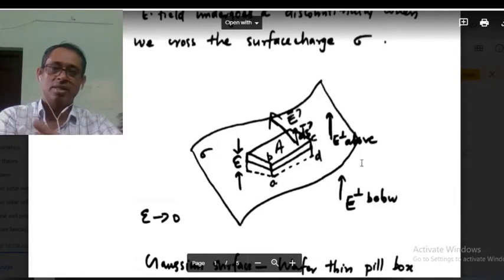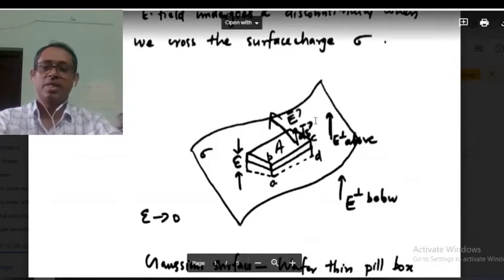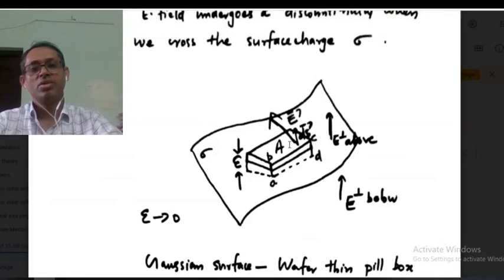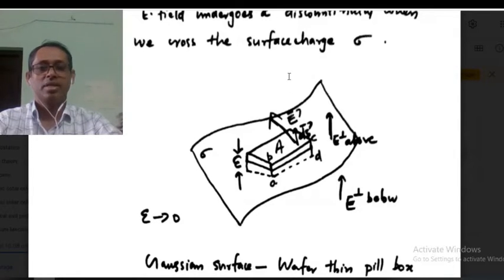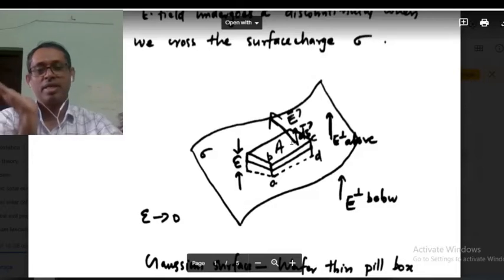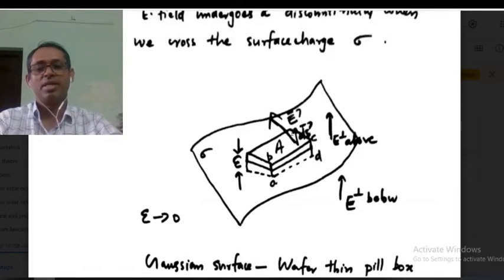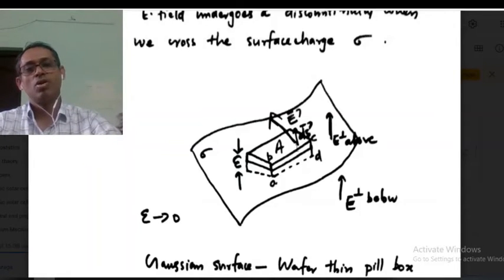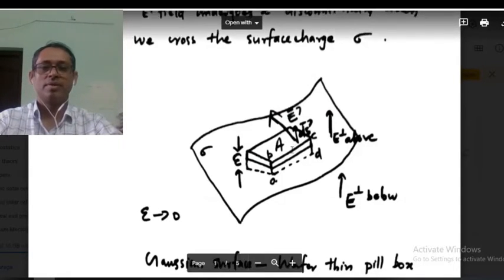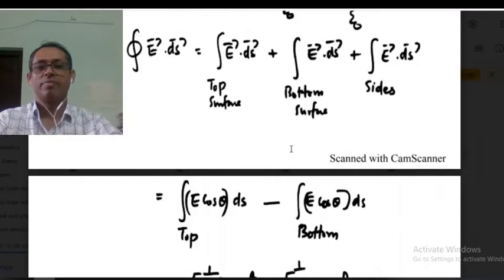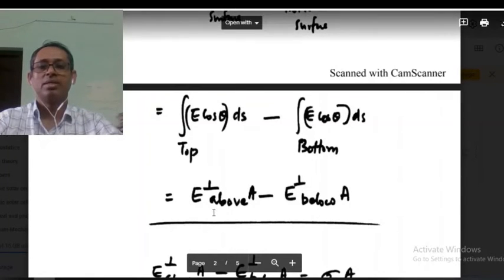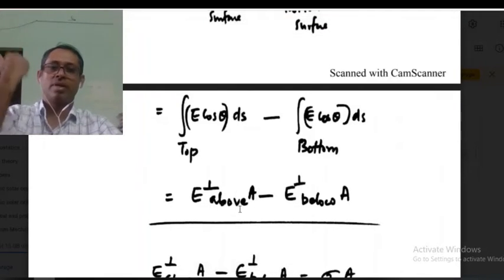E is the electric field, and it can be in any direction. Theta is the angle between the electric field and ds. E cos theta is the component of the electric field normal to the surface. So that is written here as E perpendicular, that is E normal.